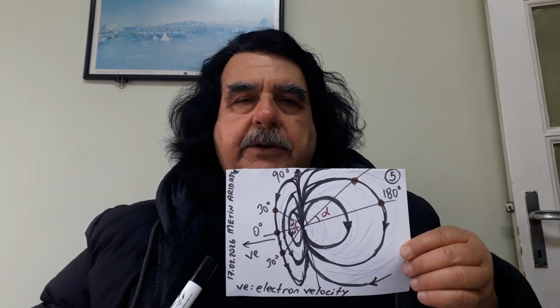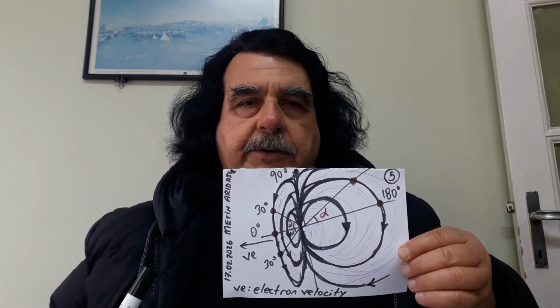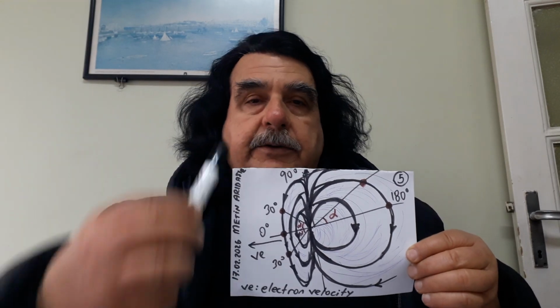In the 0 degree direction, this is the electron motion, which forms the motion direction. And here, the shortest shortened wavelength for a point, for a photon, because the photon is inseparable, and every point on the electron motion form is inseparable.